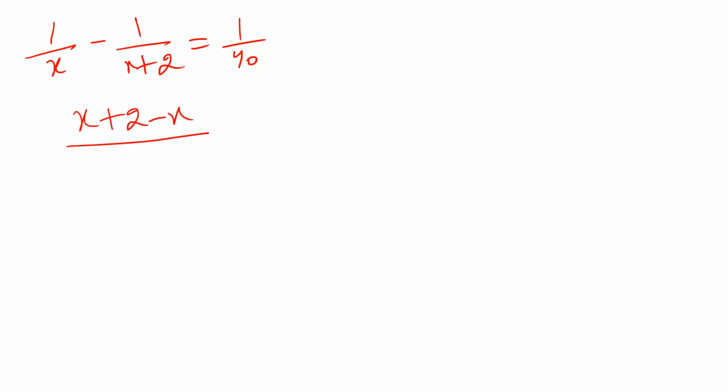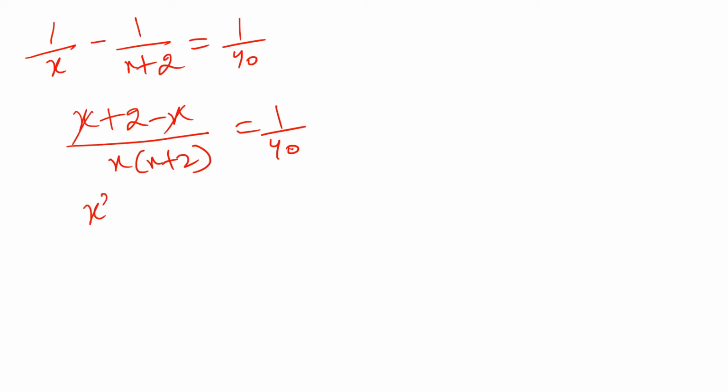So this is the equation, 1 upon x minus 1 upon x plus 2 equal to 1 upon 40. When we simplify this by taking the LCM, it becomes x plus 2 minus x whole divided upon x into x plus 2 equal to 1 upon 40.